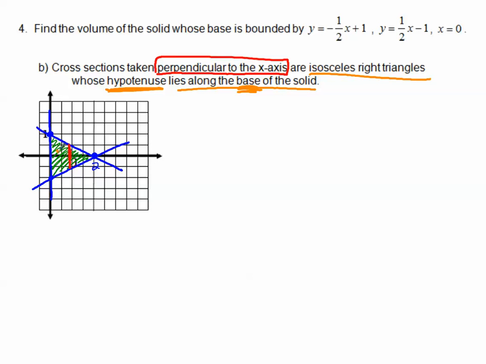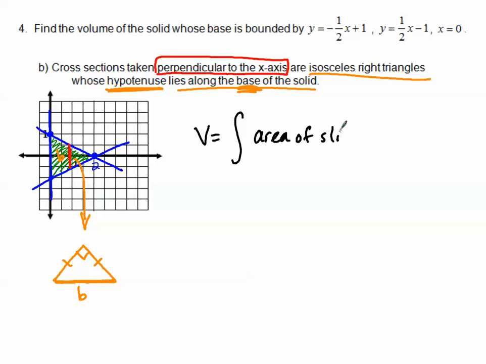So I'm going to call this guy B because that's the base, and when I look at the frontal view, now it's going to be like this. Right triangle, the legs still are the ones that have to be congruent, but now it's this guy that we're calling the base.